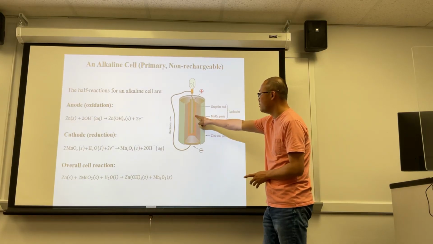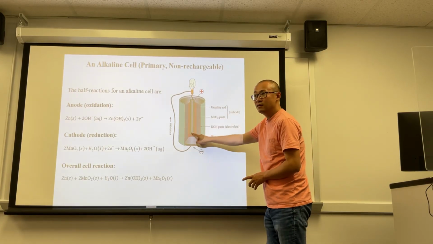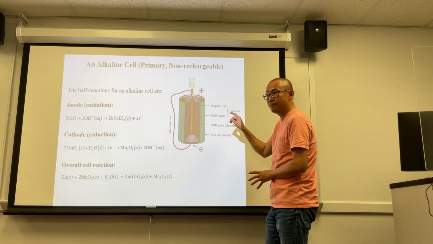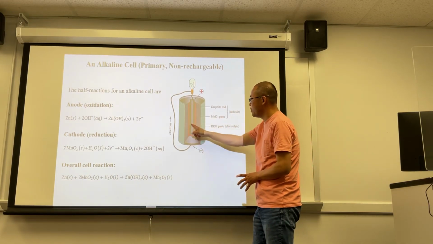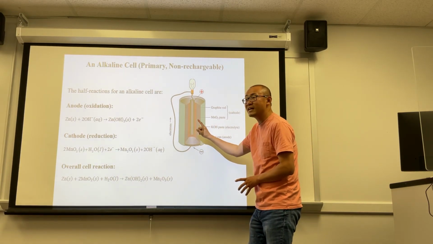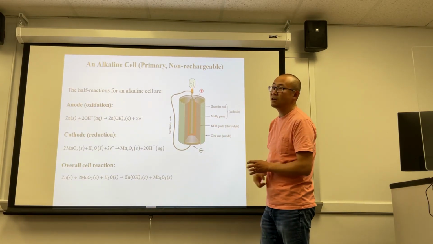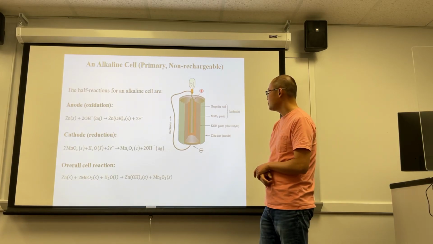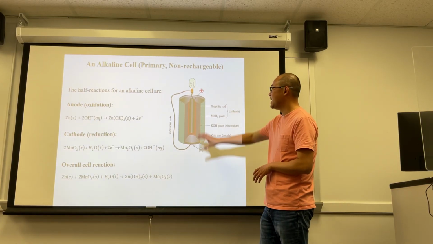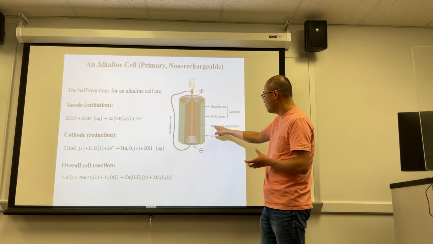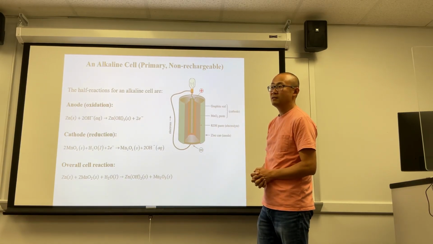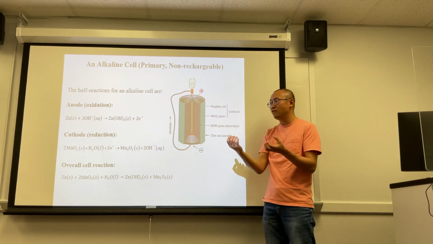The paste of, you see that, this reddish paste of manganese. Okay, but they're actually surrounding where? The graphite rod. That's the cathode where the reaction happens. But the chemicals are the manganese oxide. Okay, oxide. And inside is a dry paste, again, of potassium hydroxide. Sometimes you see the leakage of a battery, right?